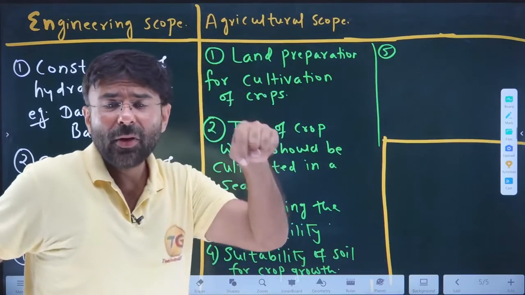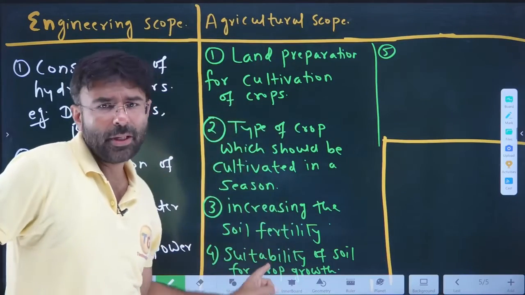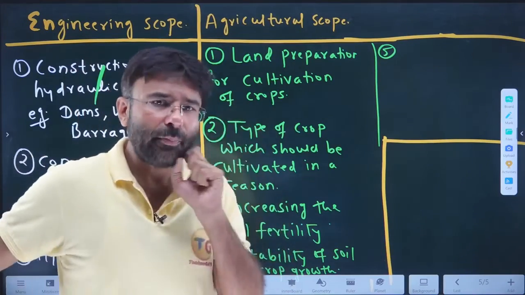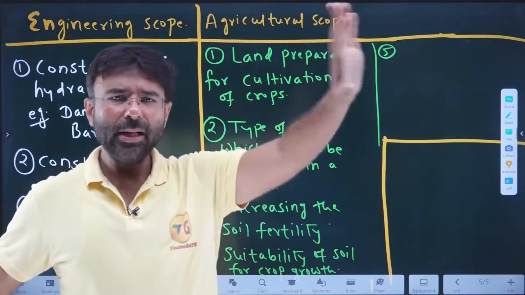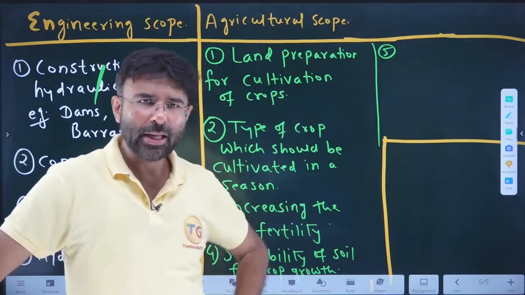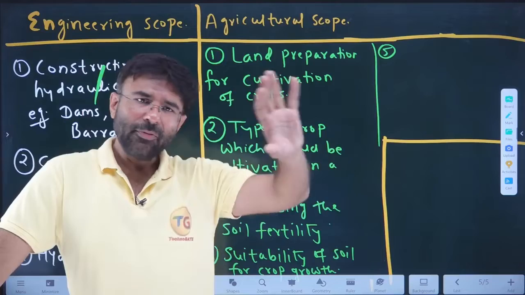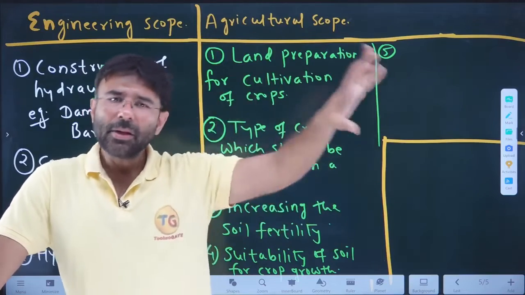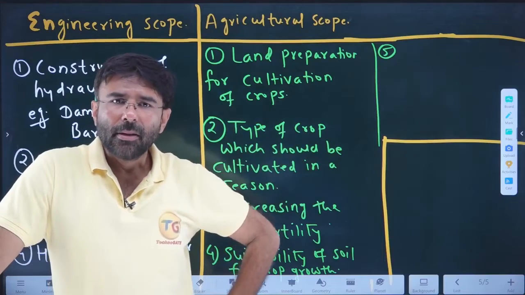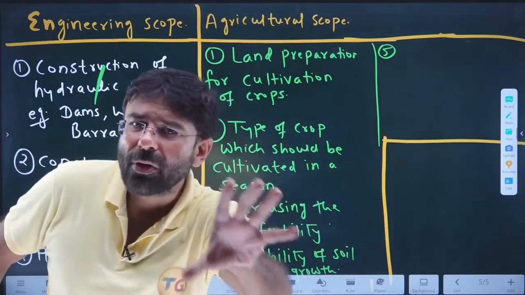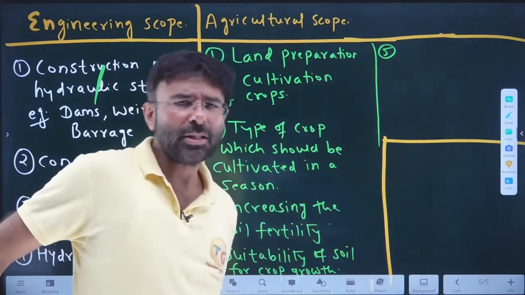The land over which I have to cultivate a crop, suitability of soil, and, for example, every one of us is residing in a particular colony, in a particular area. In your city, you will be residing in a colony, in a society, in a particular apartment. Was that land suitable for crop growth? No, because there was the construction of structures over there.